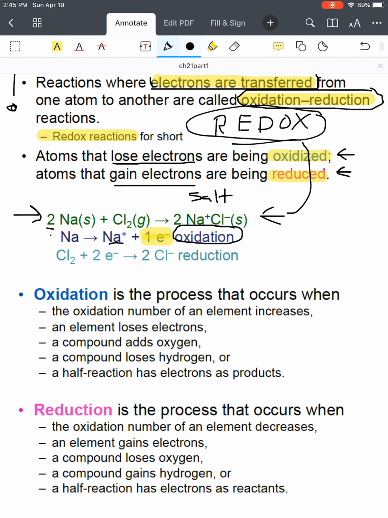Well, we start with chlorine gas, Cl2. We add a couple of electrons to it to make 2 copies of Cl minus, chloride. Here, the chlorine gas gains the electrons. That tells us this process is a reduction because the chlorine gas gained the electrons.